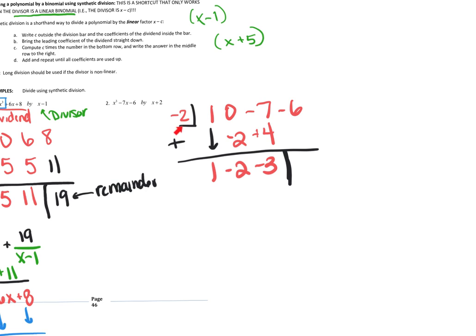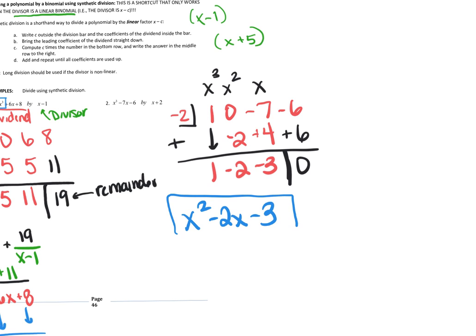So we'll do -2 times -3, a +6. -6 plus 6 is 0. Now remember, we started this at x cubed, x squared, x, and the constant term. We always start 1 degree less, so we'll start it off with an x squared term here. So that's x squared minus 2x minus 3, and there is no remainder here. This is going to be valuable to us when we start checking for zeros.